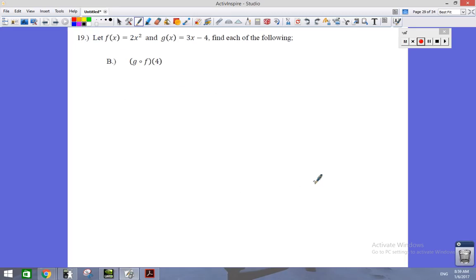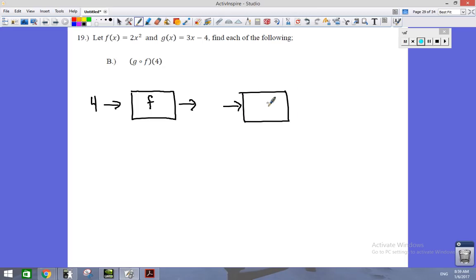So now it's the same type of problem, but they have changed the order of the composition. Now I'm starting with the function f, and the input into f is the number 4. I have to figure out what that output is and make the output of f the input of g. So what does f do to this input?